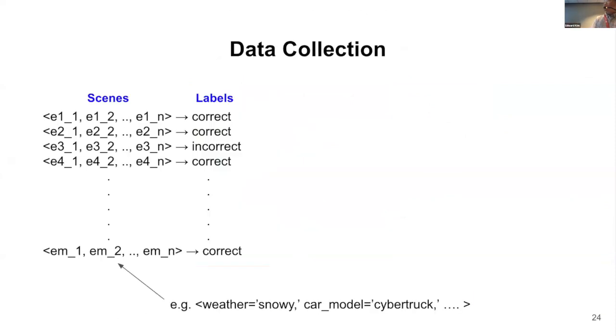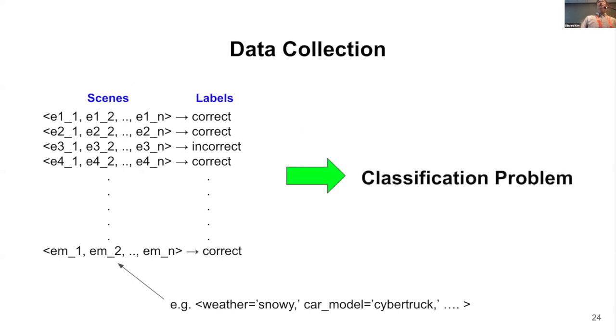And how does that scene look? As you saw, it's over weather condition, car model, and so on. We're also logging information about how your perception model is performing on those scenes that we sampled. So this is a classification problem now, right? That's how we formulated the problem.